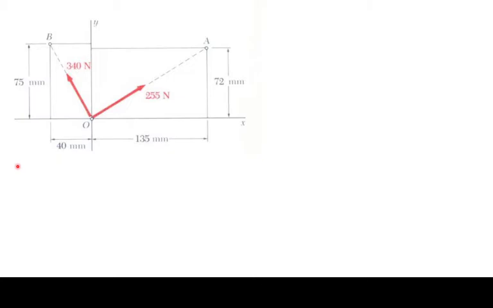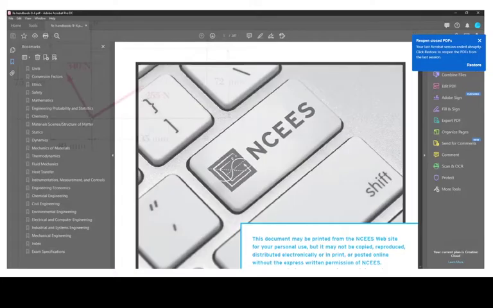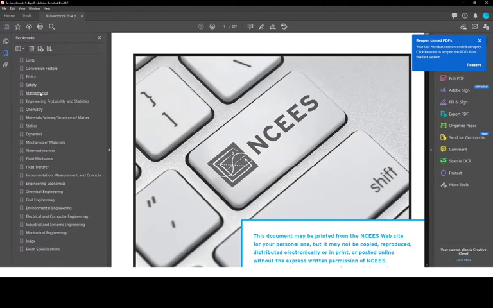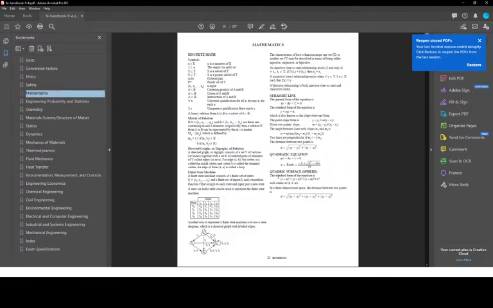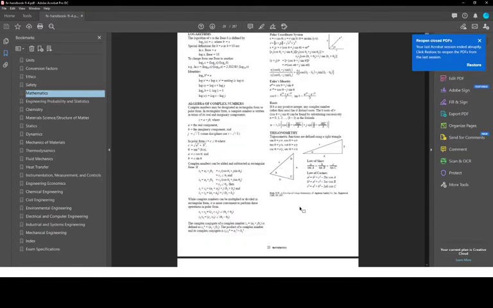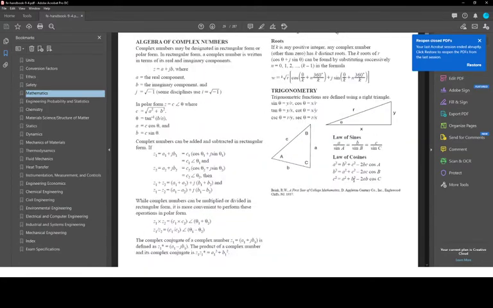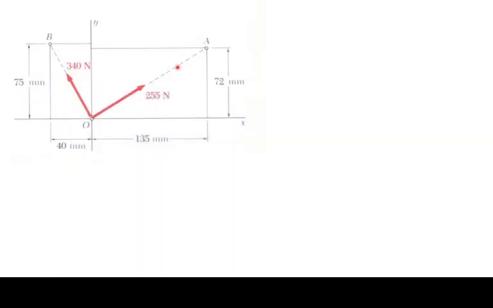The way we do that, if you have the NCEES reference handbook, is go to the mathematics section and scroll down, and you'll see that sine of theta is equal to y over r, and cosine of theta is equal to x over r. So we just break that into the components here. Sine of this theta would be this portion over this portion.